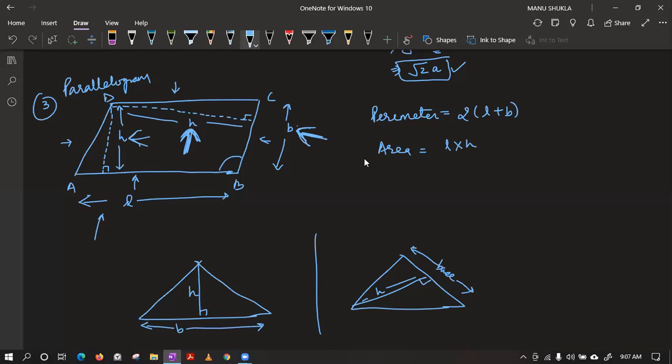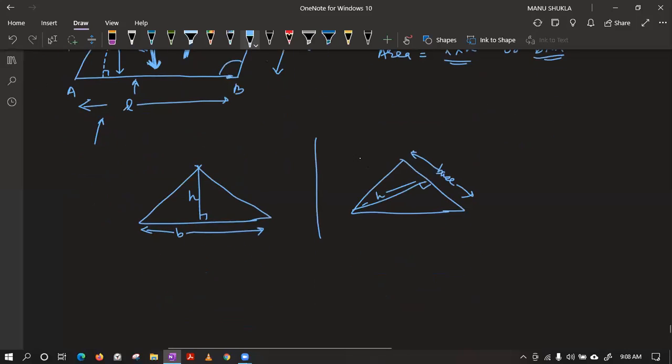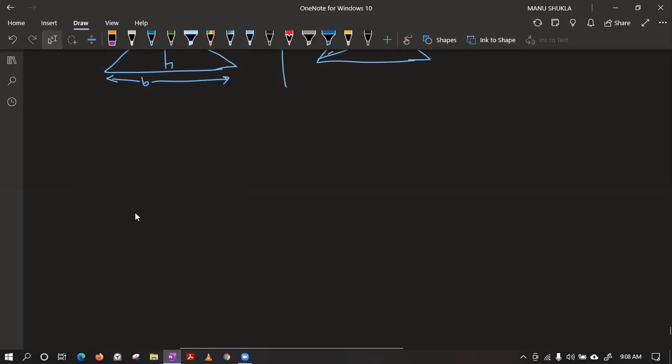So here you have to see which perpendicular you are using. If you are using this perpendicular, then this becomes the base, that is AB, and if you use this perpendicular, then this becomes your base, BC. So area is L into H or B into H, whatever base you are taking. Let me write it clearly to reduce the confusion. One second.